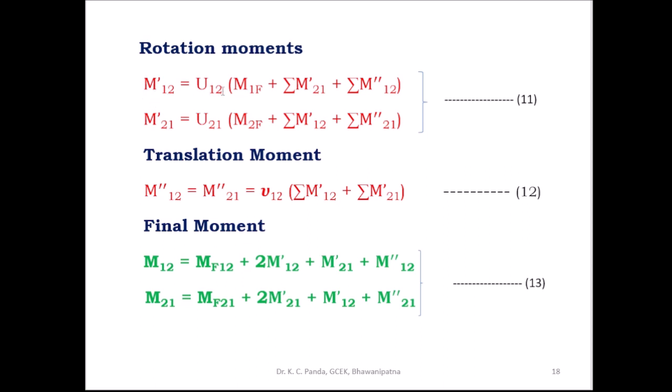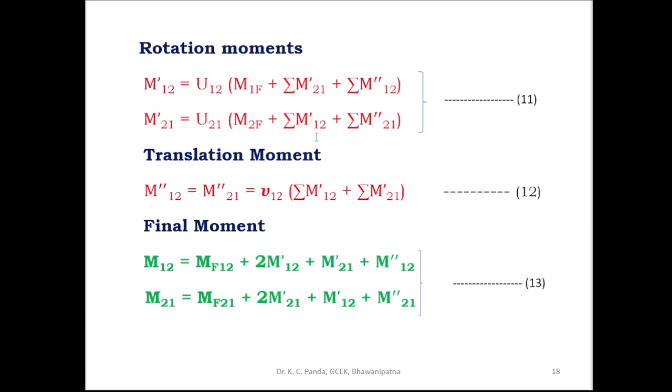M-12 is equal to U12 into M1F plus summation of M-21 plus summation of M-12, and M-21 is equal to U21 M2F plus summation of M-12 plus summation of M-21. So this is the rotation factor, this is the fixed end moment of the joint, and this is the far end rotation moment, and this is the translation moment of the vertical member.